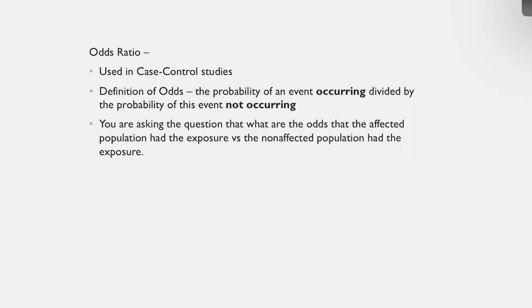Okay. So you might ask, what is the difference between probability and odds? So let me give you an example. Suppose you are rolling a dice, and whenever you roll a dice, you can get 6 numbers. So what are the chances that you can get either number?